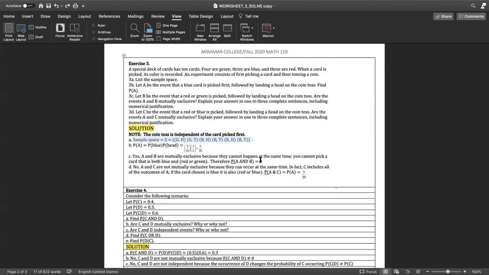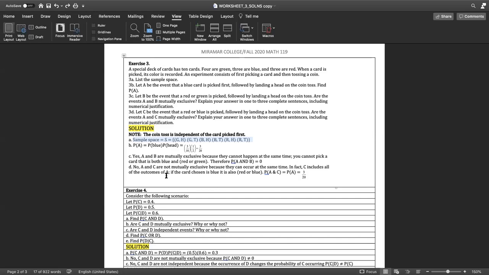Okay, so on the draw of the card, you either get a blue card or not. So the blue card and not blue are mutually exclusive. Okay. What about C here? C is the event that a red or a blue card is picked.